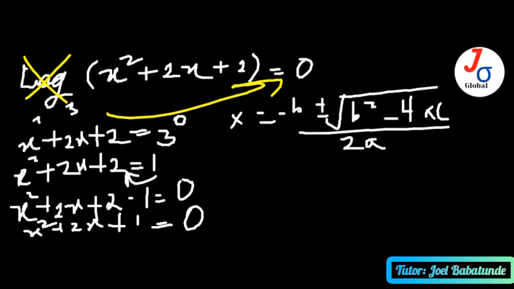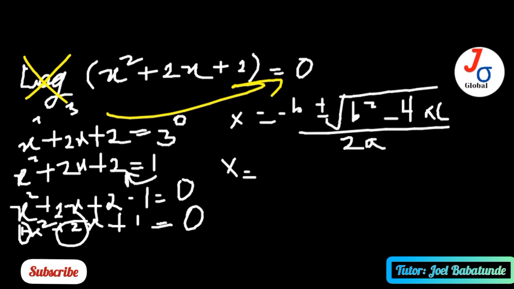Of course, there are several methods to factorize this. You can do that by trial and error, but this is the most direct way to do it. So you have x equals, this is our b, plus 2, and this is our a.